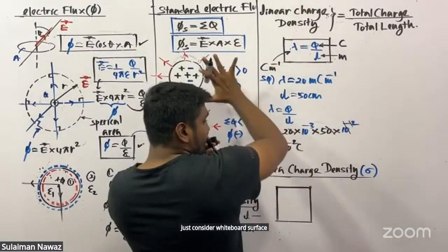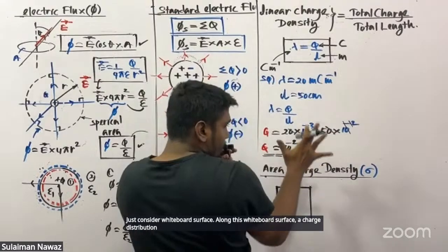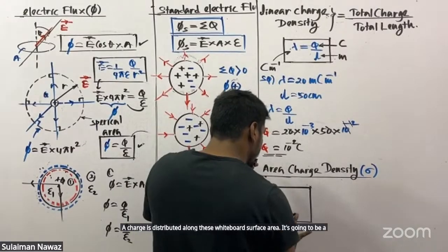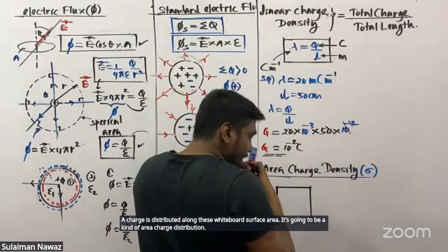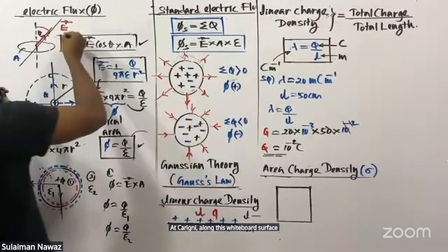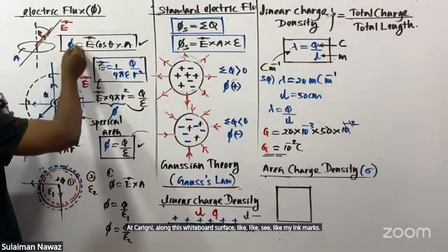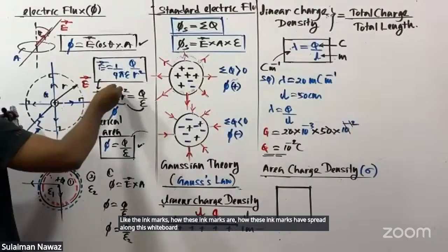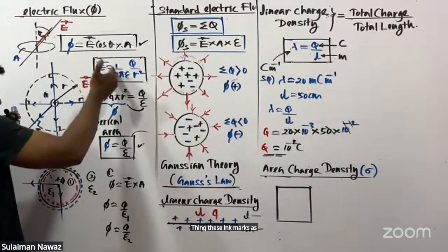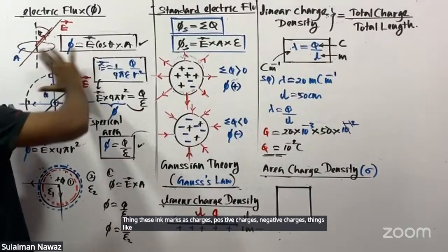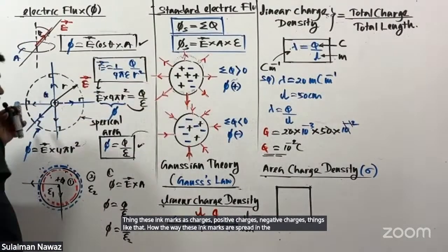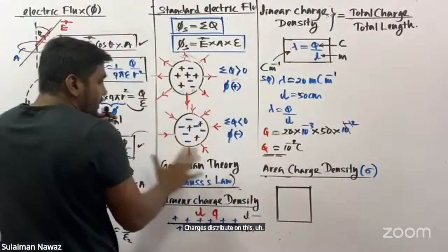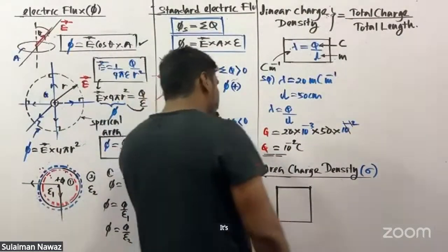A charge has distributed along this whiteboard surface area. Think of the ink marks as charges, positive or negative, spread along the whiteboard. Similarly, charges distribute over this area. It's going to be a kind of area charge distribution.